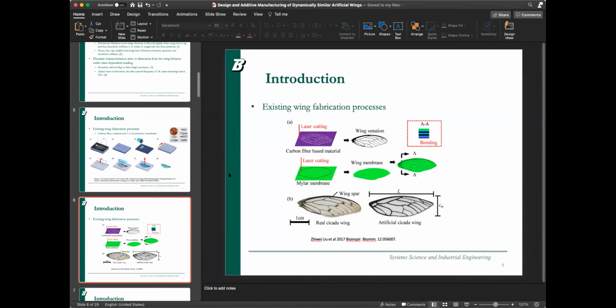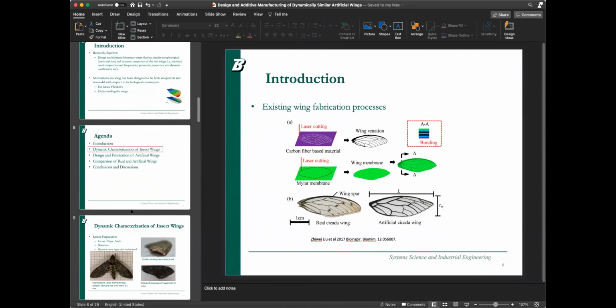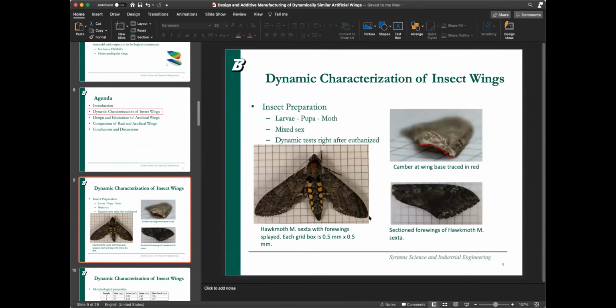I think the natural wings, or the real wings, are the beauty of nature. They have their own natural foil there, first the curvature, and then the scales. I can show you so you can see the beauty of the wings. We just focus on the mechanical aspects, and there are so many other things we cannot even talk about, for example the color and the materials. As we mentioned, the wings are covered by scales.